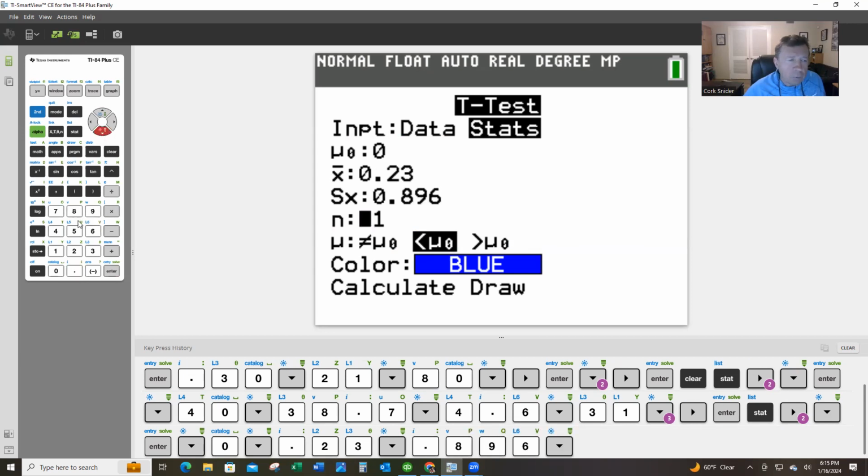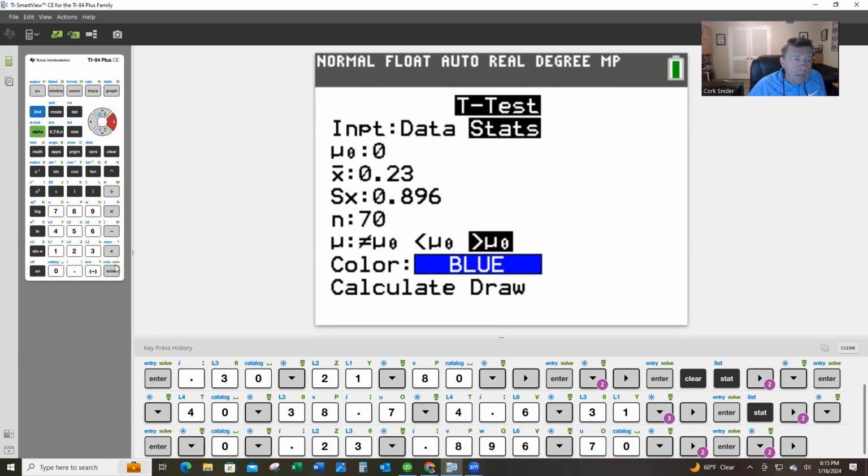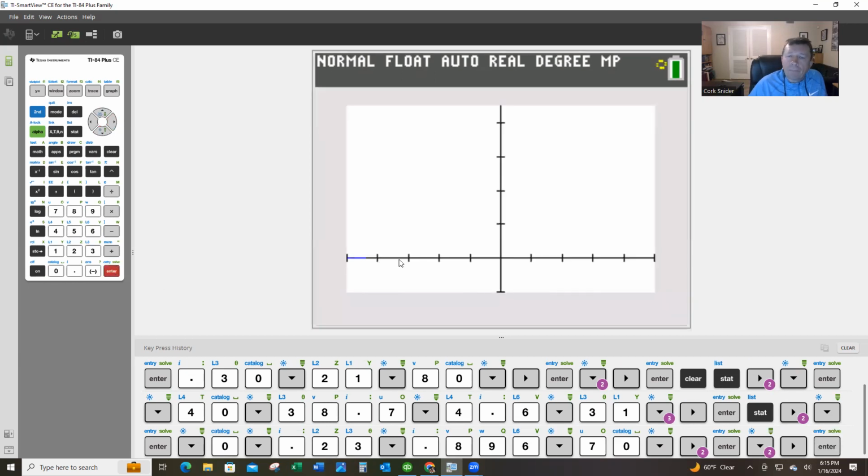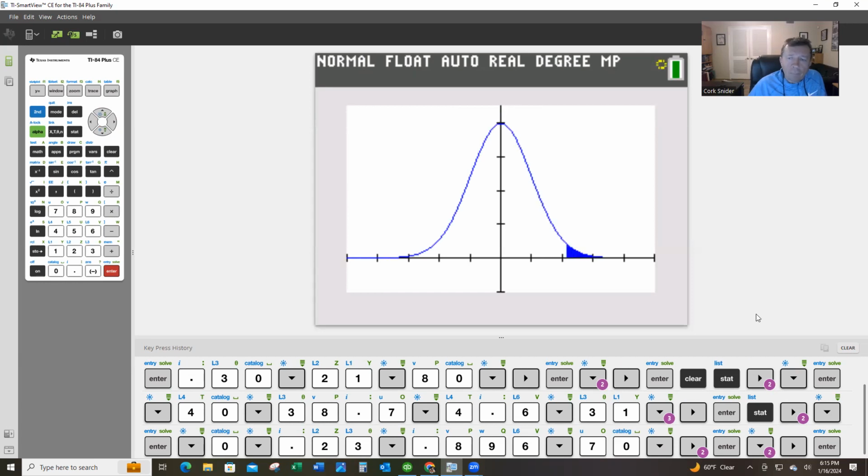And then this was 70. So that's probably going to work. I think it's going to be enough proof. We're thinking that it's greater because being on campus helps. Okay. And you're going to click draw right there. This may come out really small. Yeah, it's pretty good. 0.0176.